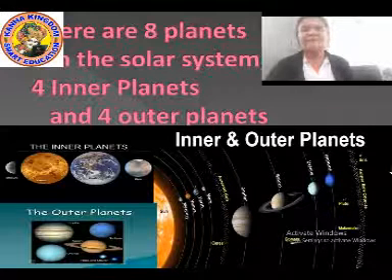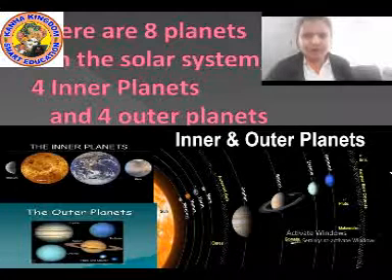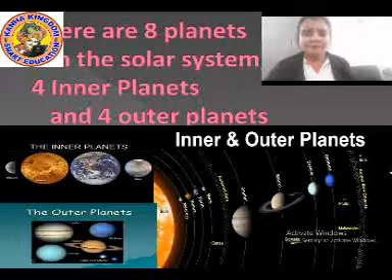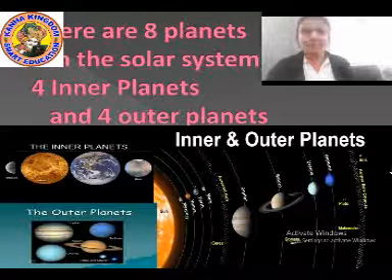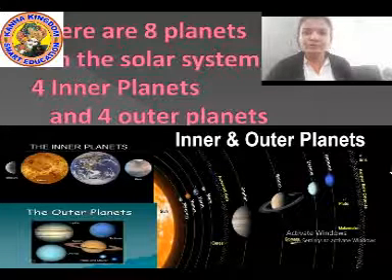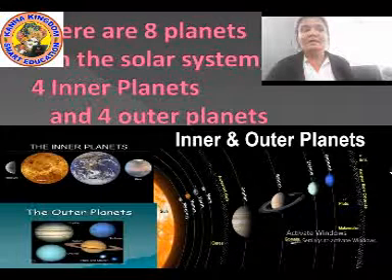From that 4 are known as inner planets and 4 are known as outer planets. I repeat again, there are 8 planets in the solar system. From that 4 are inner planets and 4 are outer planets. Okay, now look at the picture.